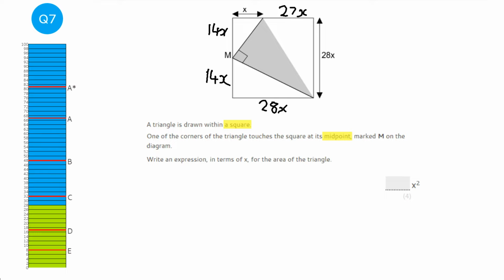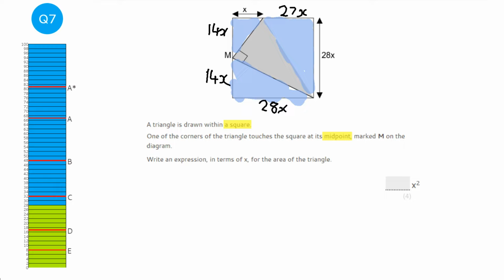Now, instead of working out the area of the triangle, what I'm going to do instead is work out the area of these triangles here. So that one, this one, and this one. And then I'm going to work out the area of the square in total, and I'm just going to take them away.